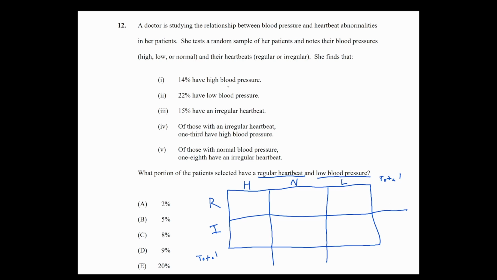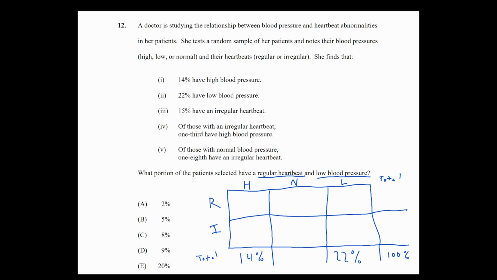So 14% have high blood pressure, 14%. 22% have low blood pressure, 22%. This row needs to add up to 100%, and this column also needs to add up to 100%. So we put 14% high blood pressure, 22% low blood pressure.